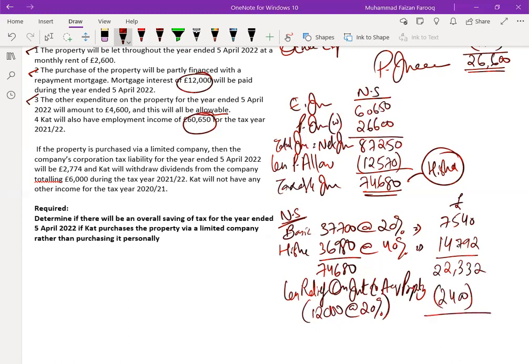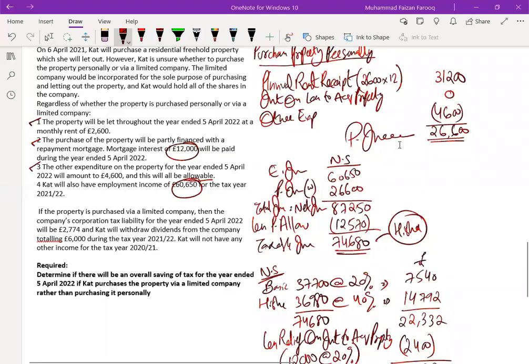Income tax liability if he purchased the property by himself will be how much? 19,932. Any questions in this part, where the property is acquired by himself?